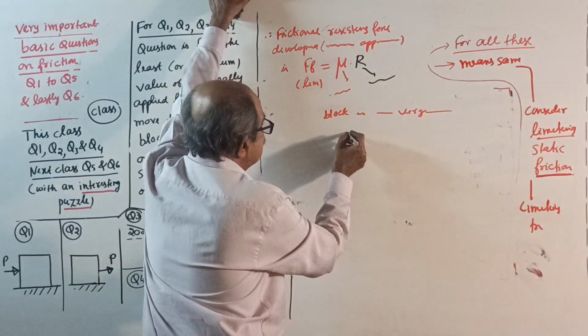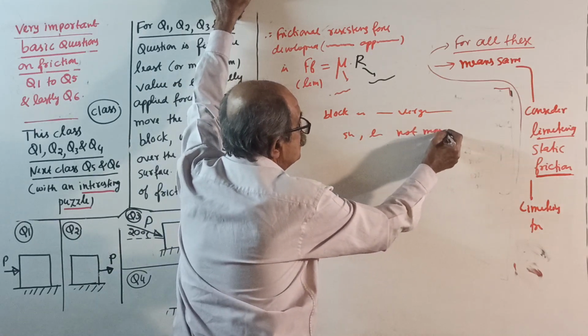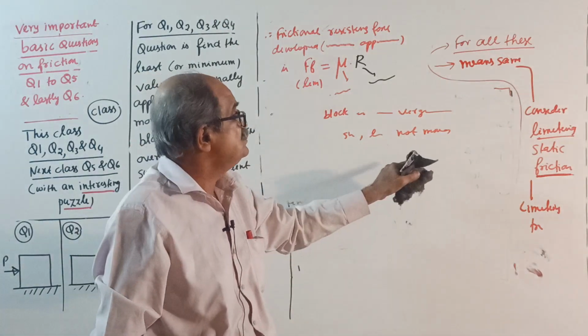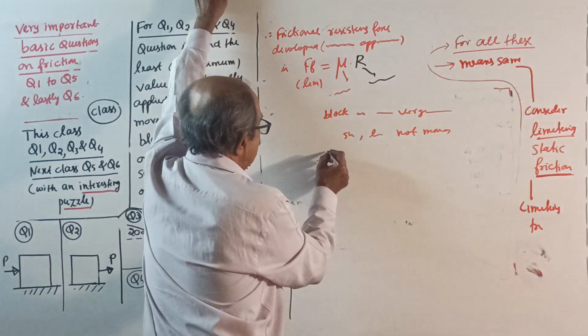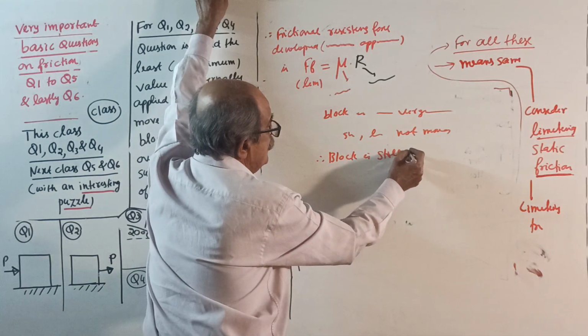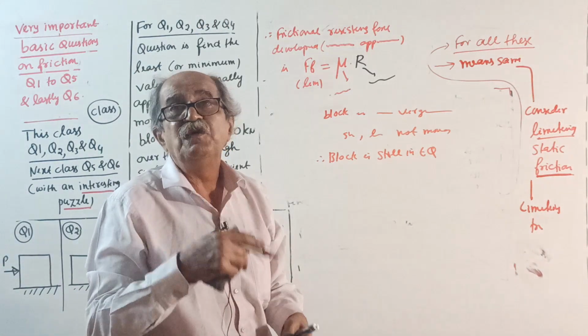But still it has not moved. If you increase the force further, it will move. So it is on the verge of moving. Therefore, the block is still in equilibrium. Remember, it is still in equilibrium.